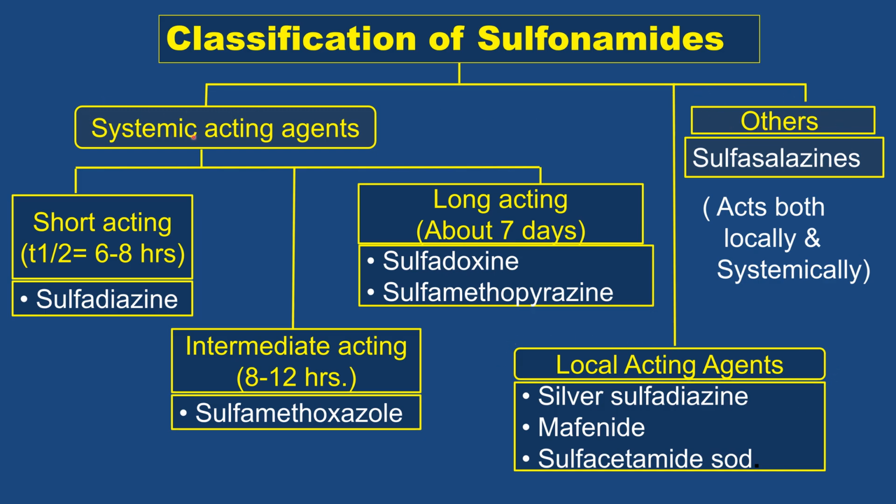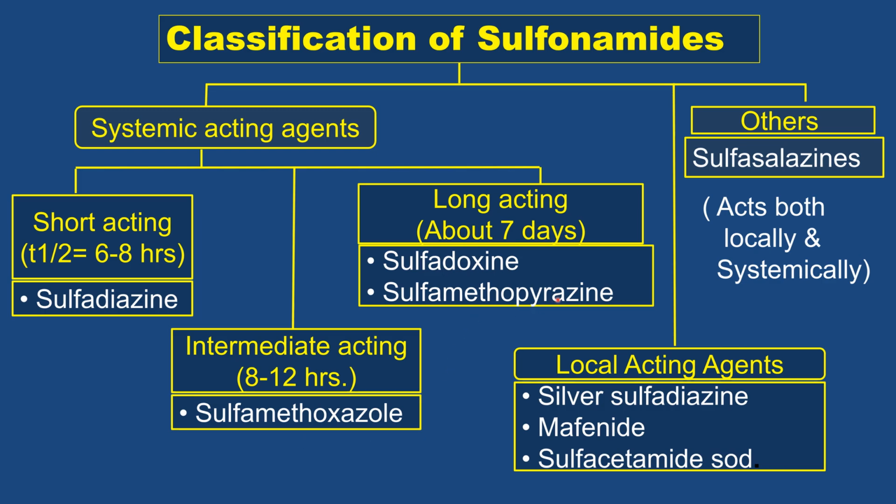Under the systemic acting agents, based on the half-life of the drugs, they can be grouped as short acting agents, whose half-life varies from 6 to 8 hours, then intermediate acting agents, whose half-life varies from 8 to 12 hours, and long acting agents, whose half-life is about 7 days. Under the short acting agents, we have sulfadiazine. Under the intermediate acting agents, we have sulfamethoxazole.